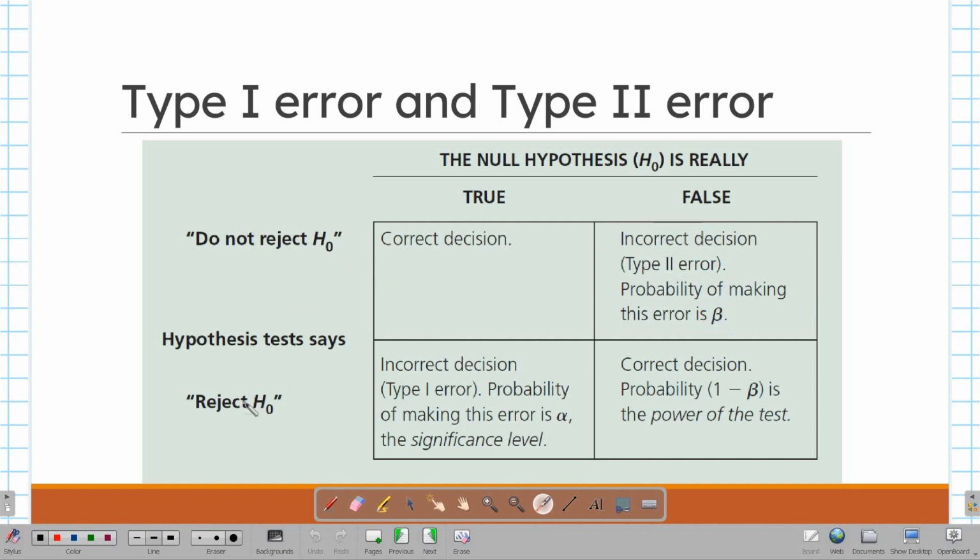So again, rejecting a true H0 is a type 1 error with probability alpha; not rejecting a false H0 is a type 2 error with probability beta. The complement of that is the power of the statistical test. Those are the basic principles of statistical hypothesis testing.